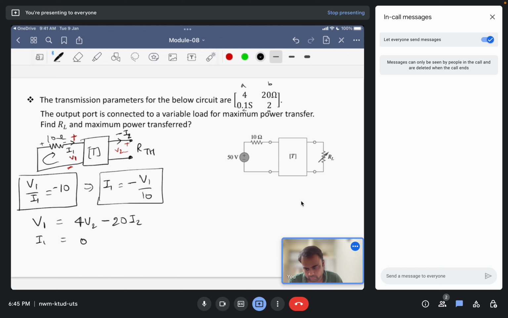Let us first simplify this term and directly write the equation that we have to solve. From here we can write V1 in terms of I1, so minus 10 I1 is equal to 4 V2 minus 20 I2. So I1 will be minus 0.4 V2 plus 2 I2. This is our first equation.